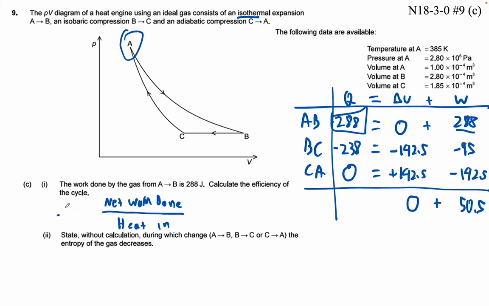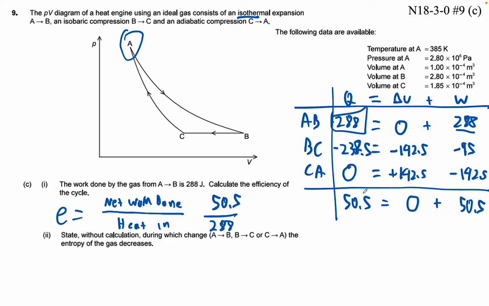So our efficiency is going to be the net work done, 50.5, divided by the heat that flowed in. Notice we don't do the net amount of heat that flowed in, okay, because that's not going to work, okay? By the way, this is 237.5, right? And if we add that up, if we go 288 minus 237.5, we end up with 50.5.